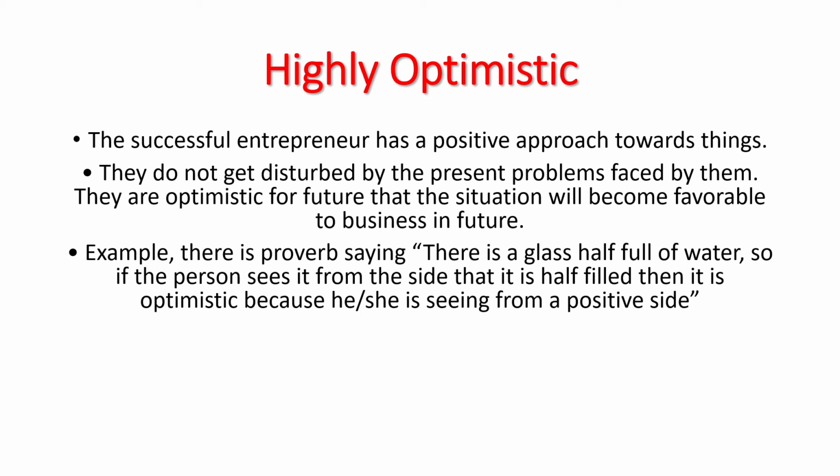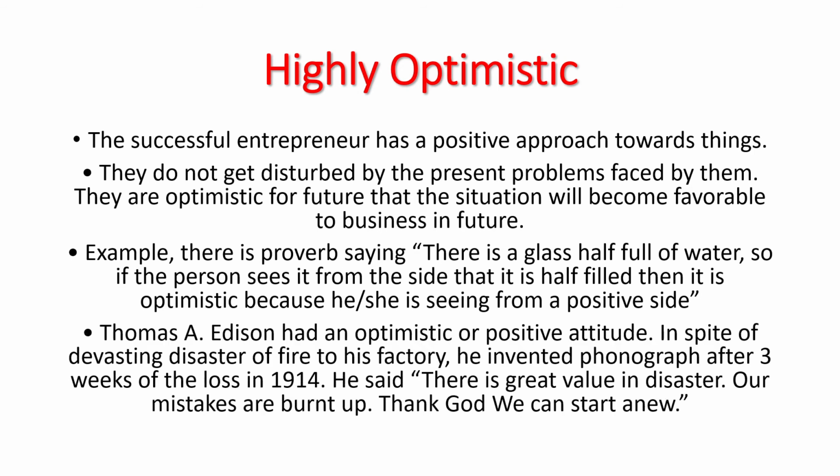Whereas other people will be like, oh god, finally, as half a glass is there, it will be more than sufficient for me. So you should think like this. You should be highly optimistic. You should see from a positive side, like at least there is half a glass of water, right? You should not be like, only half a glass of water is there. So these are all ways of thinking. So this is highly optimistic.